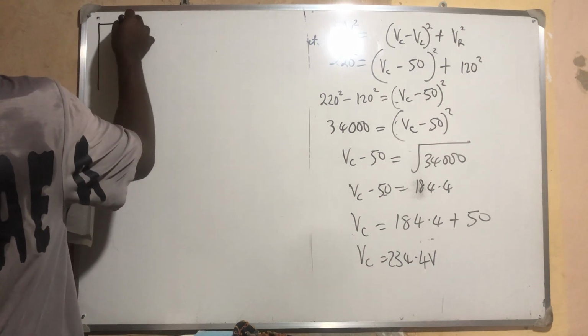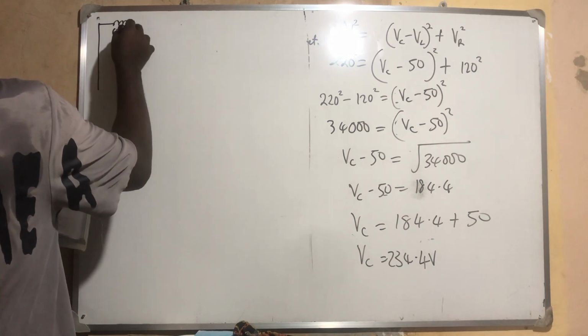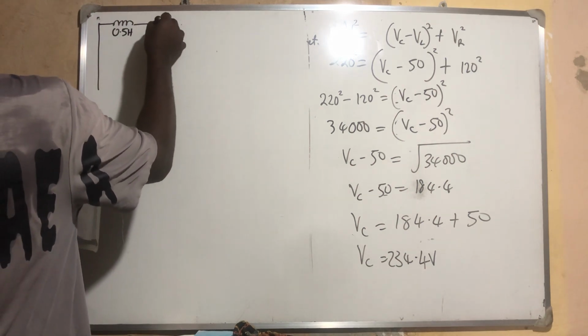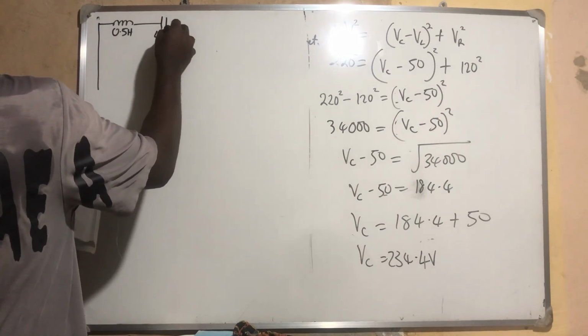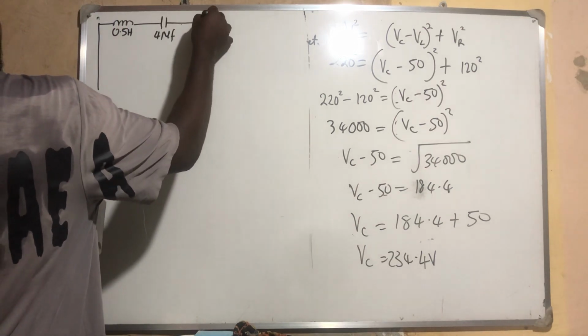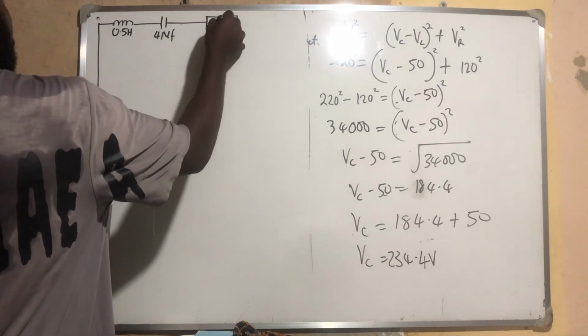So I have this, and I wrote it 0.5 Henry. Moving like this, I now have something like this. I call it 4 microfarad. Moving like this, I have another one that I called 12 ohms.